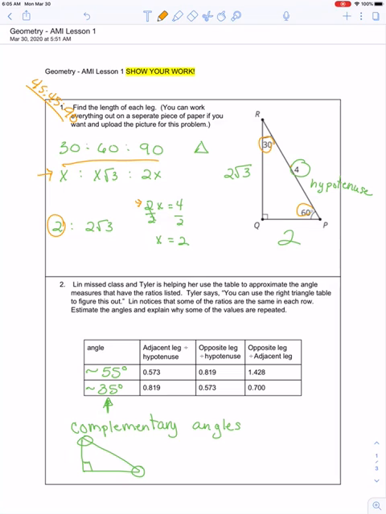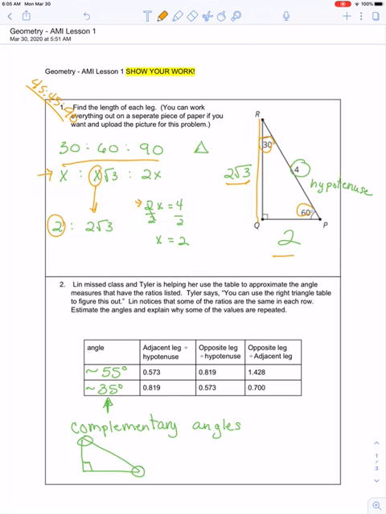Then all we have to do is plug in that x to get our longer side. So to find each leg, we found that we have 2 and 2 square root 3. If you can remember this ratio, 30, 60, 90, they're pretty easy.